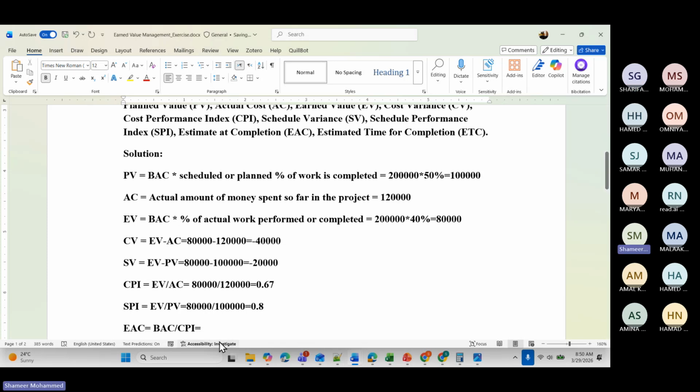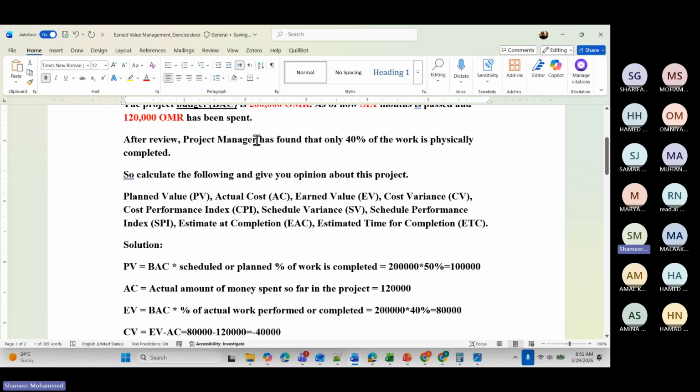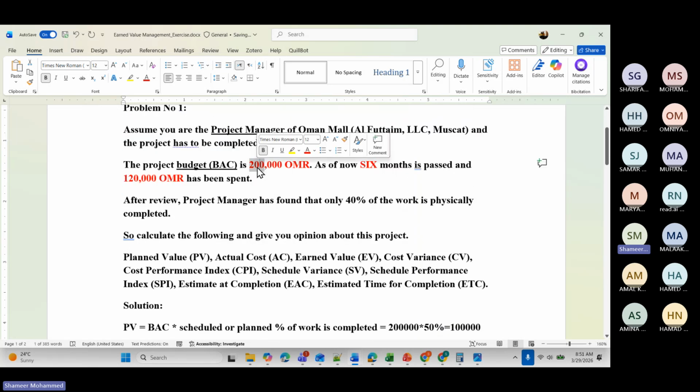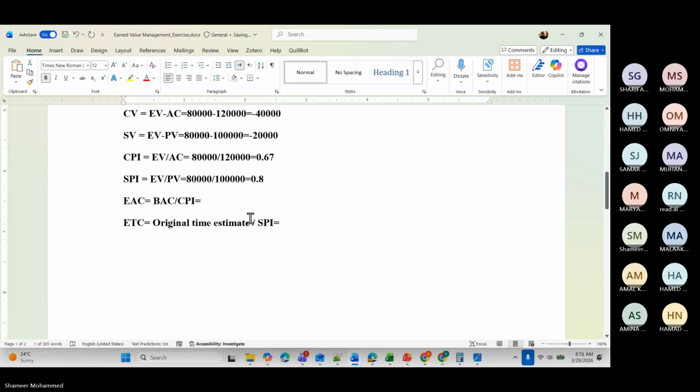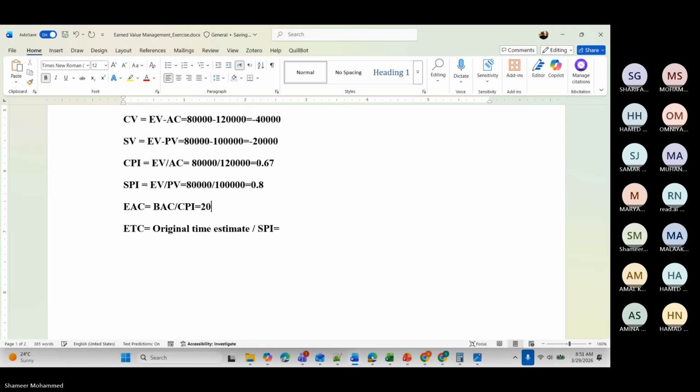Right. Now budget at completion, the total budget, is how much? Total budget is 200,000 Riyal, divided by the CPI value, the cost performance index, 0.67. So this will be how much?